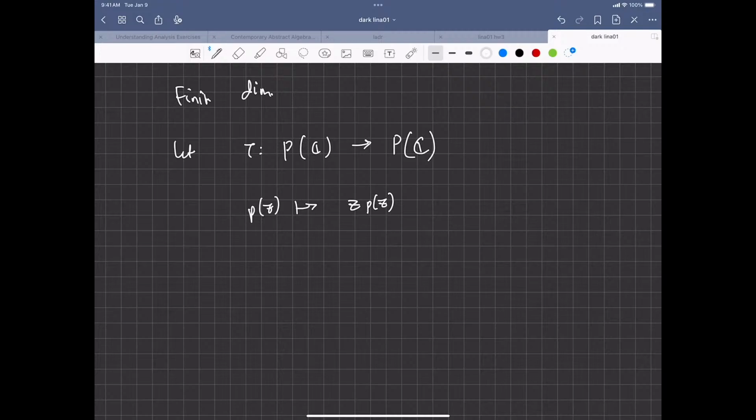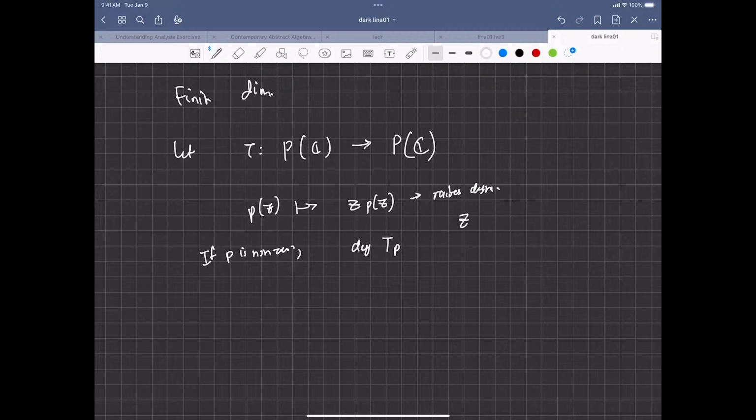What does this do exactly? In terms of the degree of T of P, this transformation basically raises the degree.